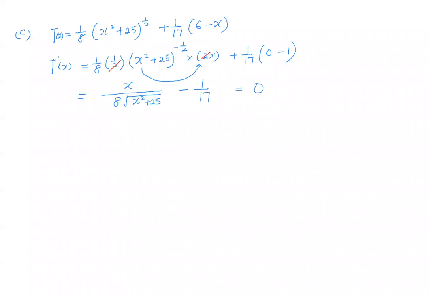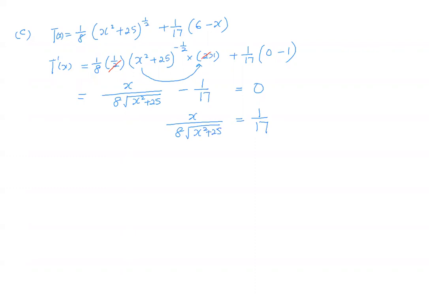I told you already, whenever we have a square root, we bring the other term over. One over 17, correct? So what should I do next?